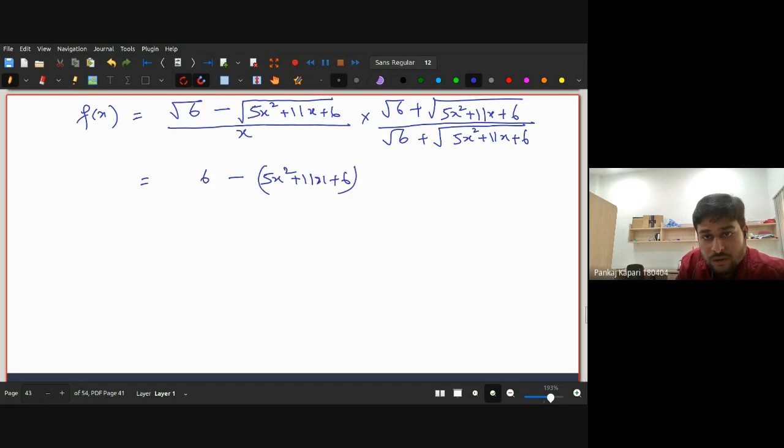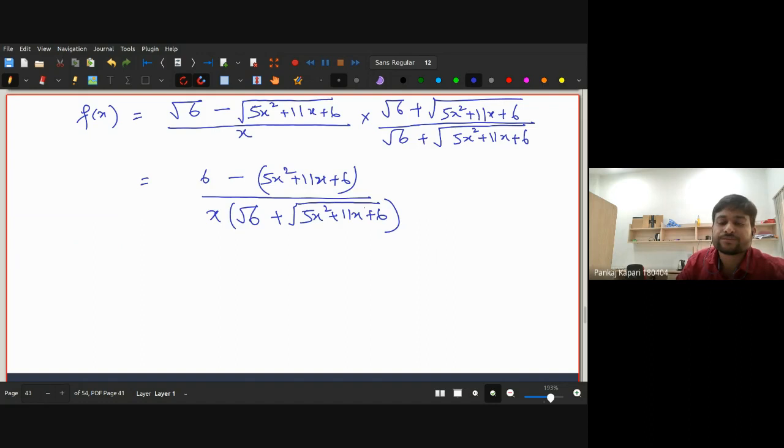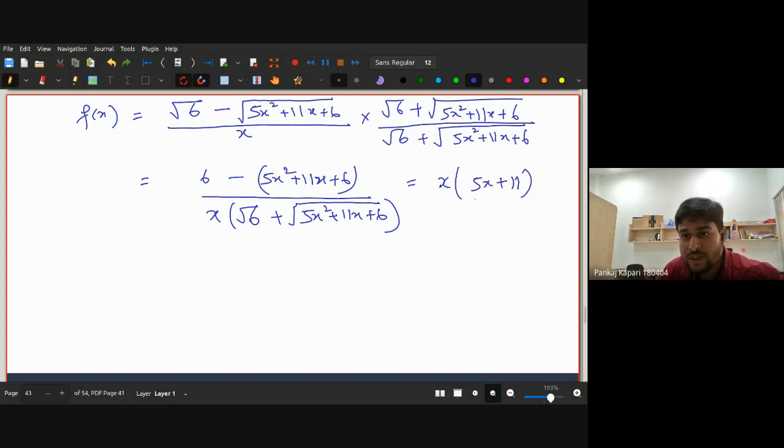Okay. And in the denominator you have x in bracket root 6 plus root of 5x square plus 11x plus 6, again under root. Now you can see that this 6 will cancel with this 6 because we have a negative sign, and you can take x common, and therefore in the bracket you will be left with 5x plus 11 with a negative sign, right?